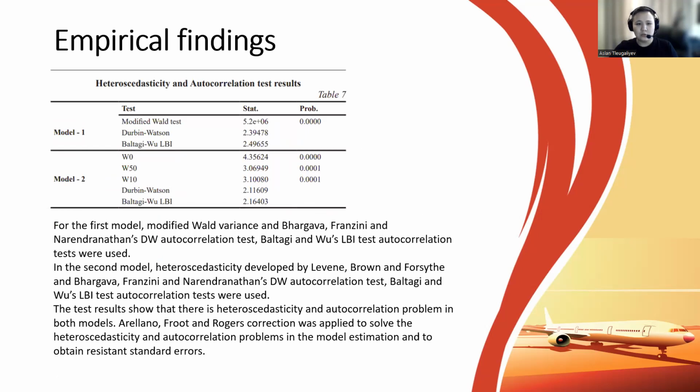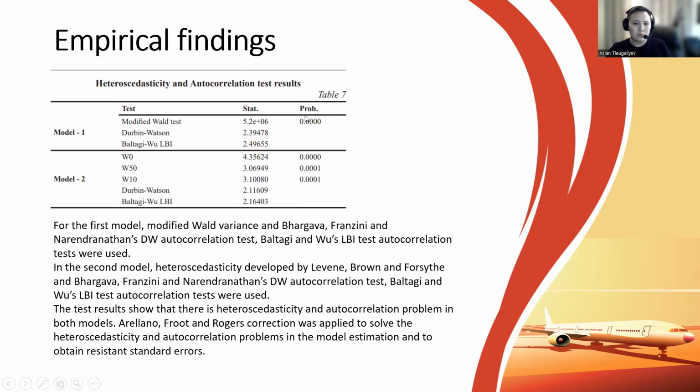There are also heteroscedasticity and autocorrelation tests. Heteroscedasticity is an issue that arises when the error term does not have constant variance, and the autocorrelation issue arises when the error terms are highly correlated with each other.